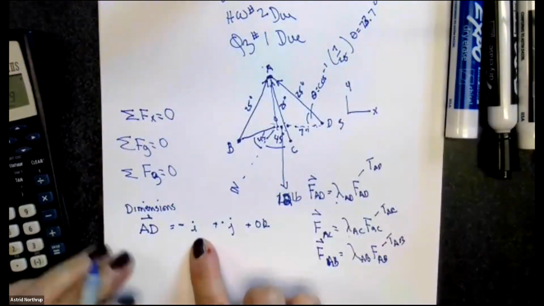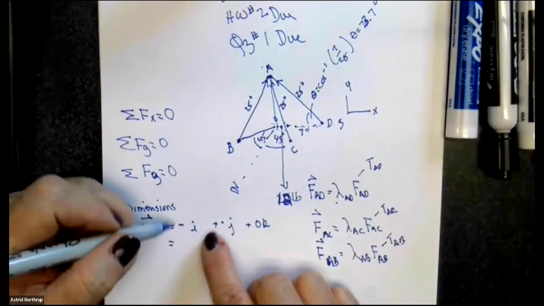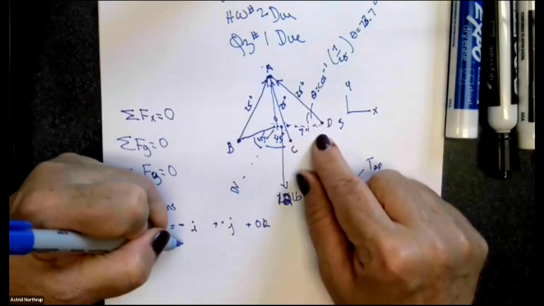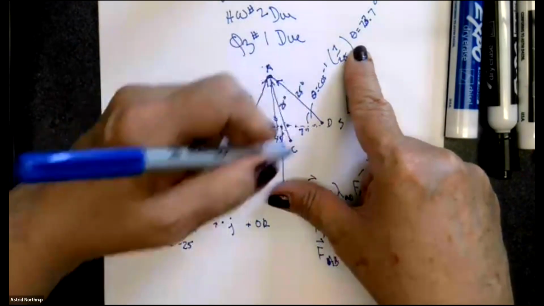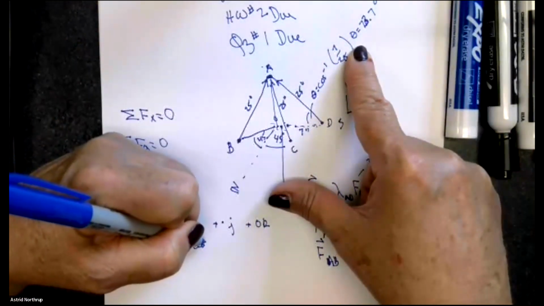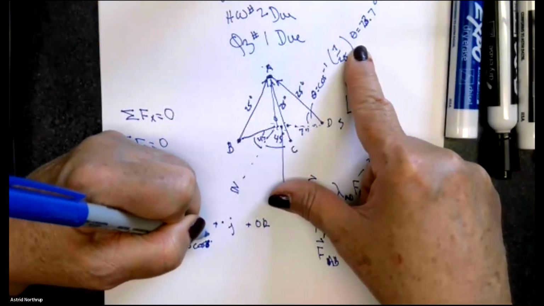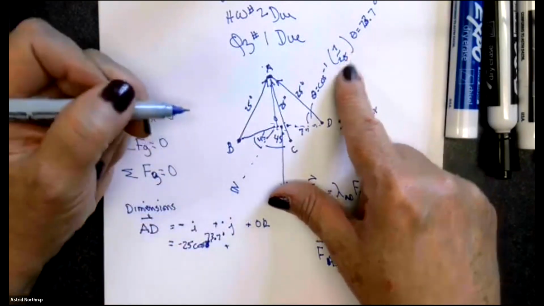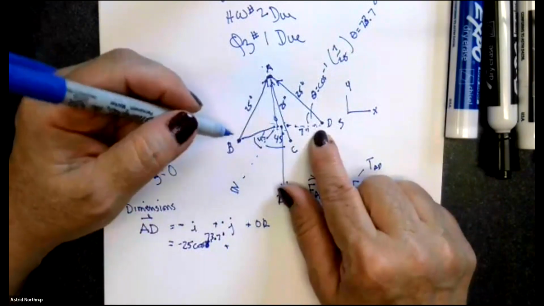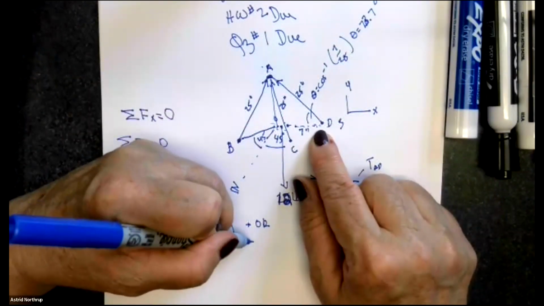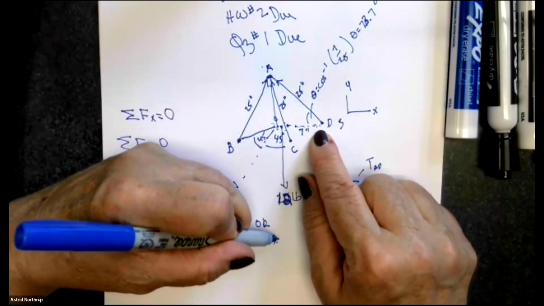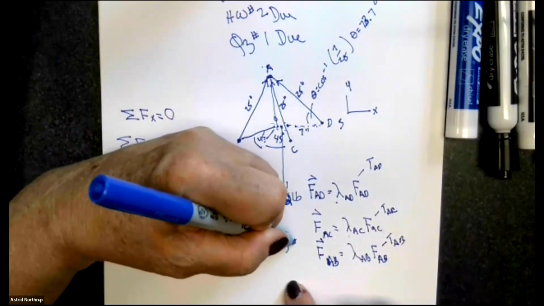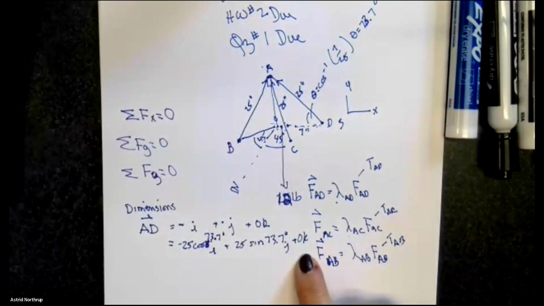All right, that means that in the I direction, it's going to be the hypotenuse, 25, times the cosine of 73.7 degrees. In the J direction, it's going to be 25 times the sine of 73.7 degrees. And in the K direction, it's equal to 0.